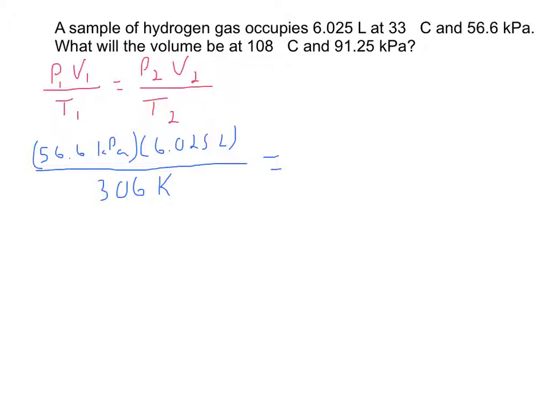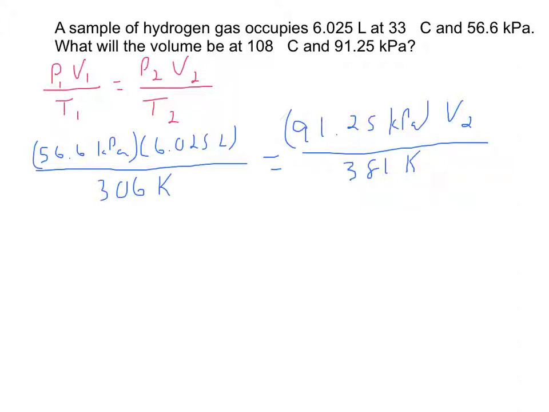Then my P2 is 91.25 kPa. We don't know what V2 is, that's what we're going to be solving for. And then we found that the T2 would be 381 Kelvin.